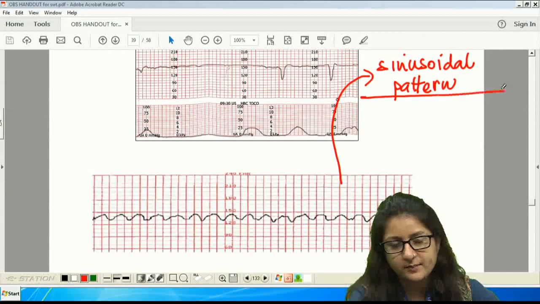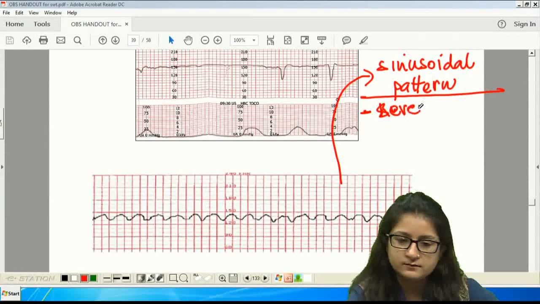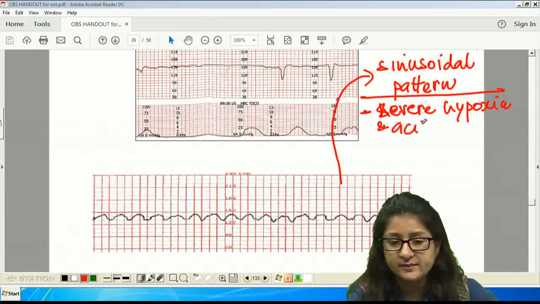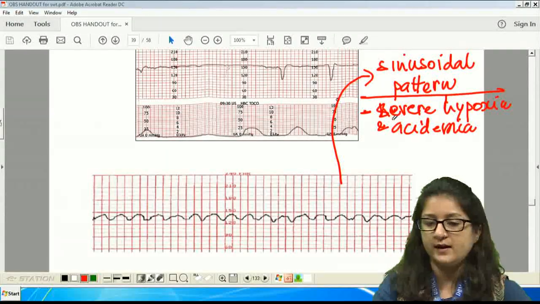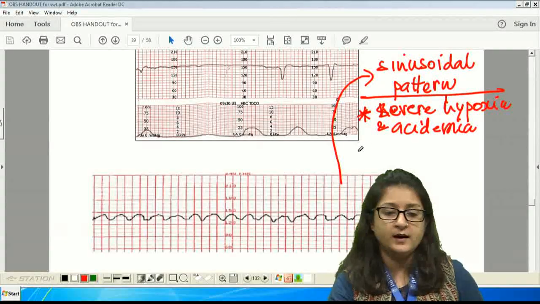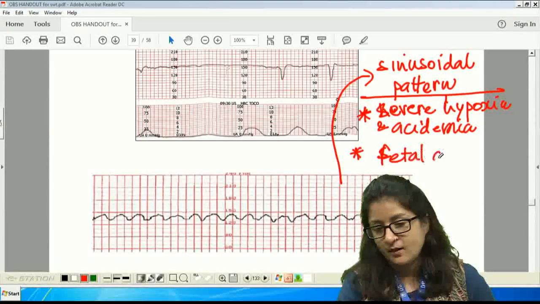It means either severe fetal hypoxia and acidemia, a very end change in fetal well-being, or any condition where there is fetal anemia.